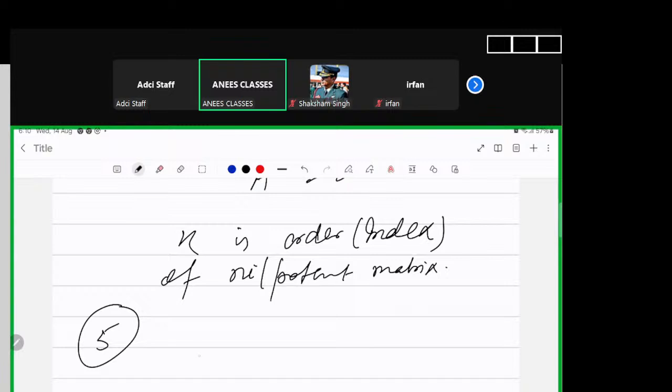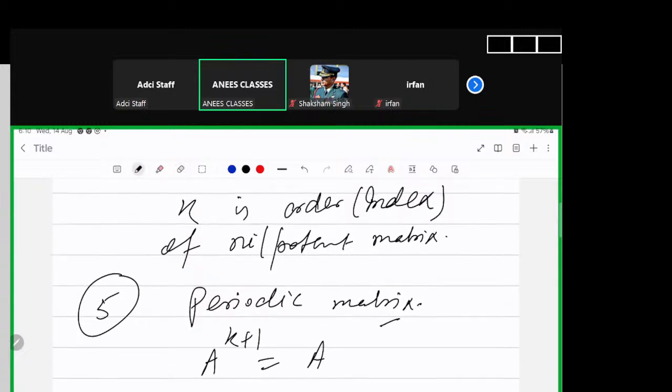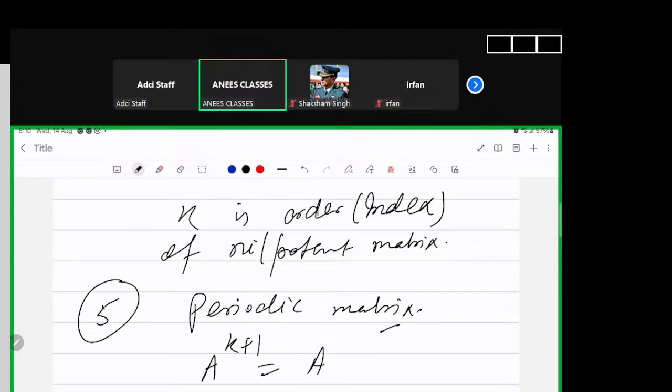Periodic matrix. When you find A raised to K plus 1 equal to A, it is called a periodic matrix. K is called the period of the matrix.